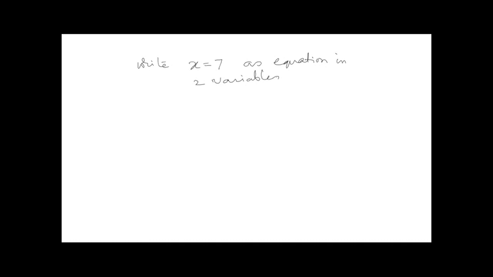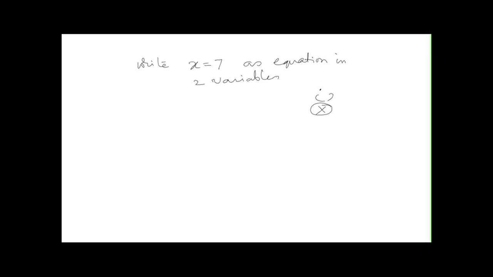In algebra, for multiplication, we write a point, or brackets, or into. This we avoid because it looks like x. When we write a point, we don't read it as point. That is into.